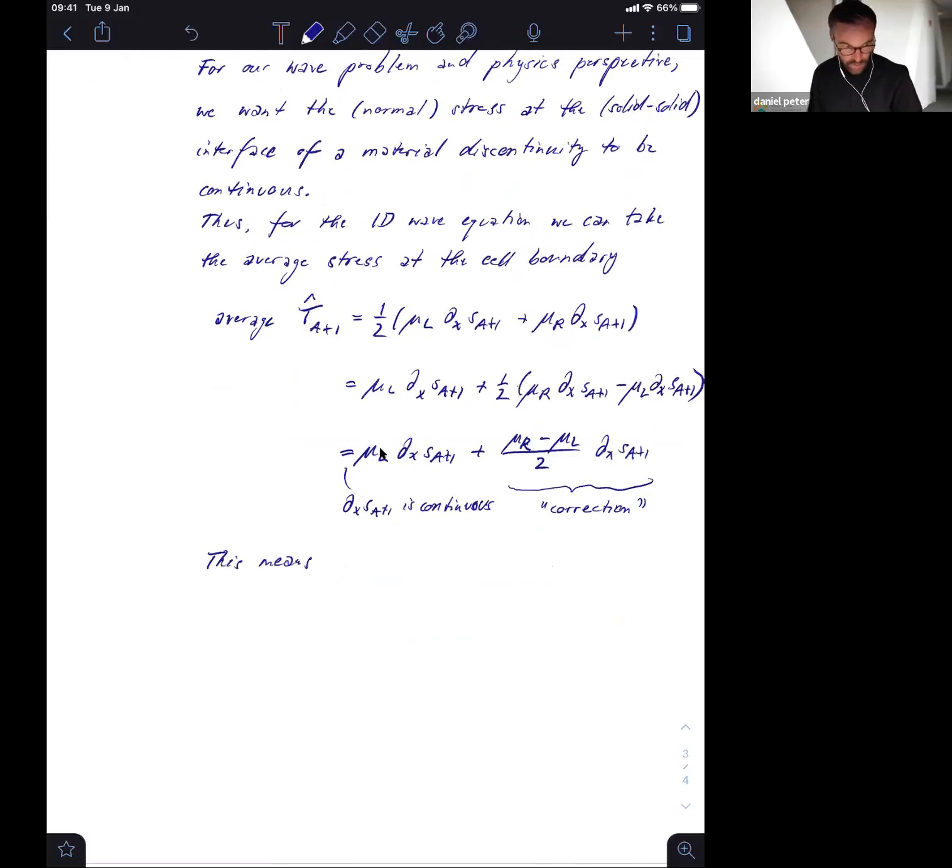So this means that if we encounter a material jump, then this factor here of mu_R minus mu_L divided by 2 is non-zero, so it's bigger than 0.